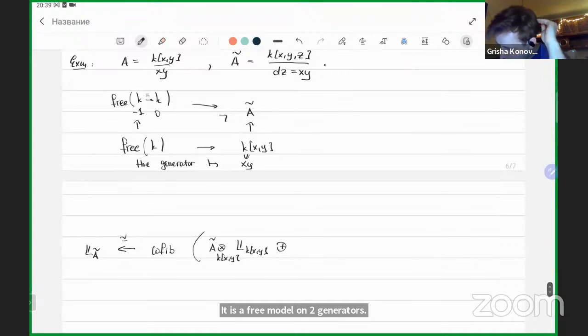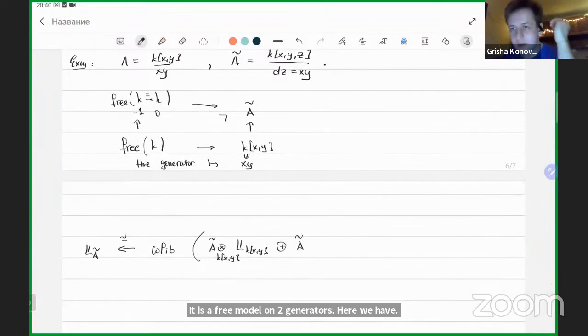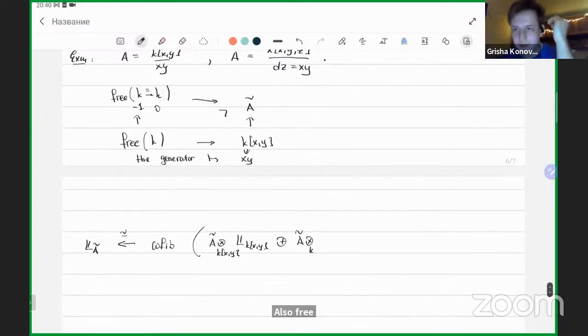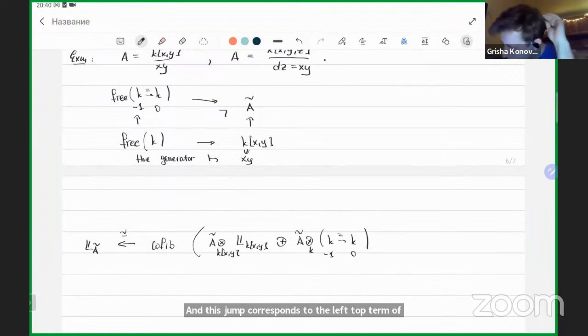Here we have also a free A tilde model on this complex. And this term corresponds to the left top term of the push-out diagram.